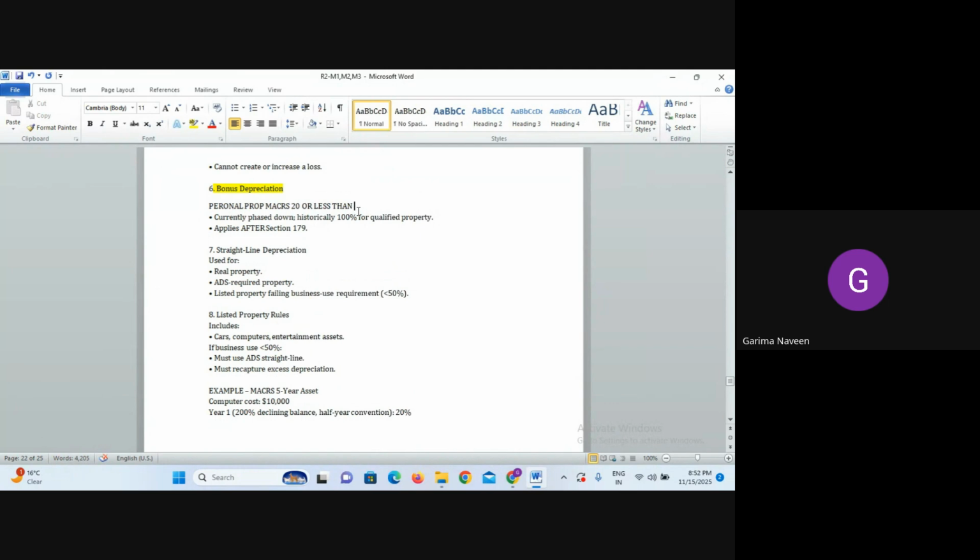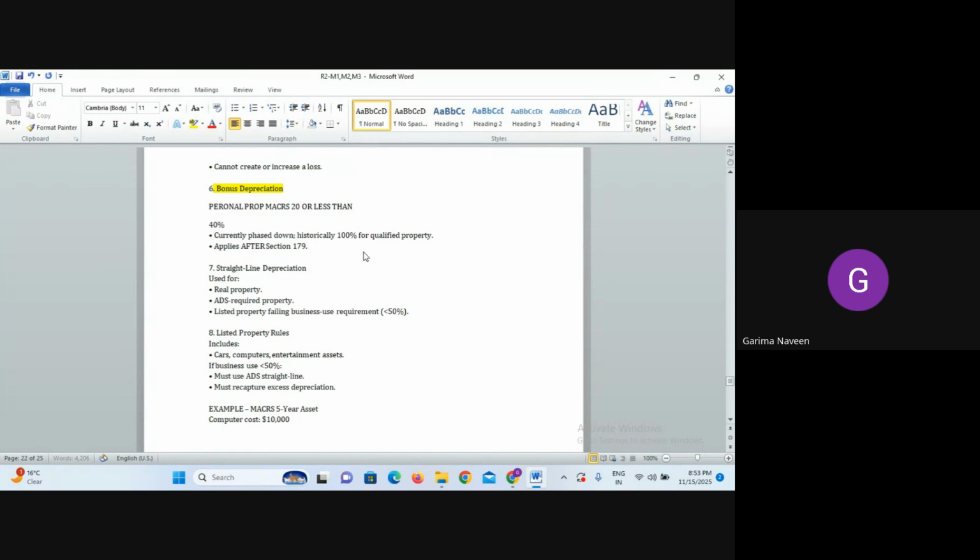And for bonus depreciation, the limit is 40% in 2025. It is phasing out by year, like it was 60% for 2024, but now for 2025 it is 40%. For 2026 it will become 20%.